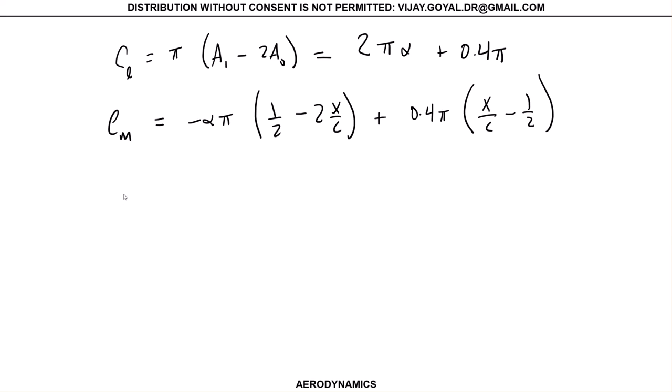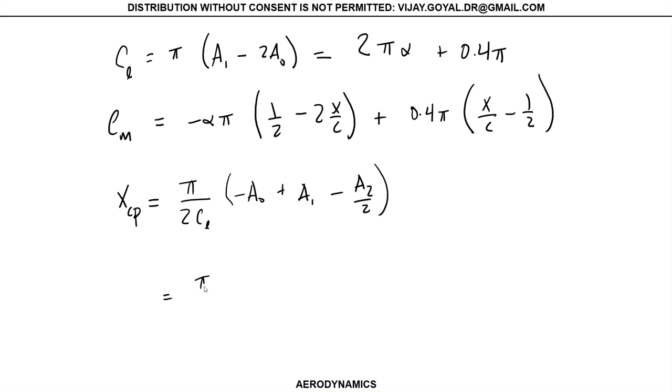If I want to find the coefficient of pressure, it will be pi over 2 times c l minus A sub 0 plus A1 minus A2 over 2. Replace all the values in there.